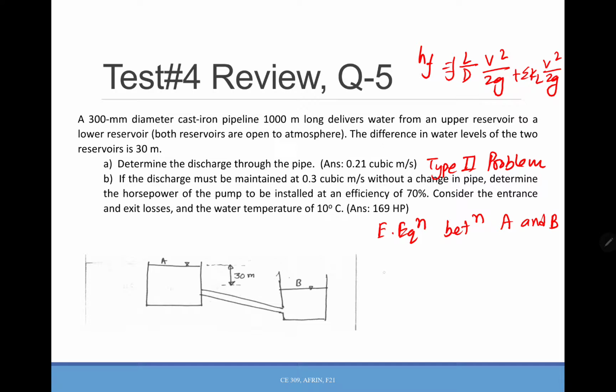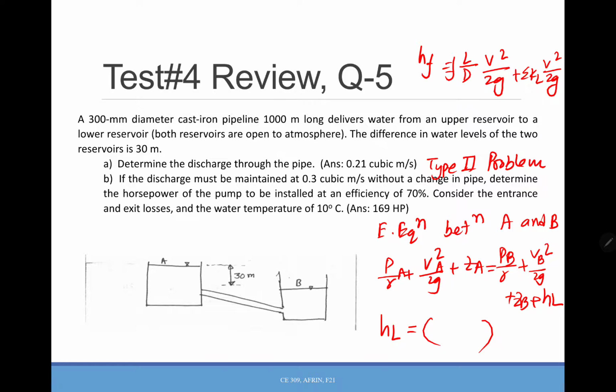So if you do that, since there is no pump, no turbine, you will get something as head loss, or HF.